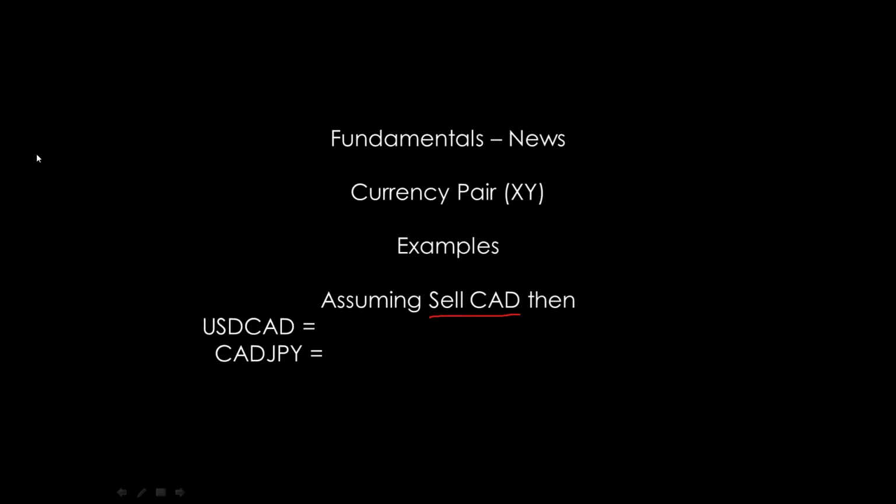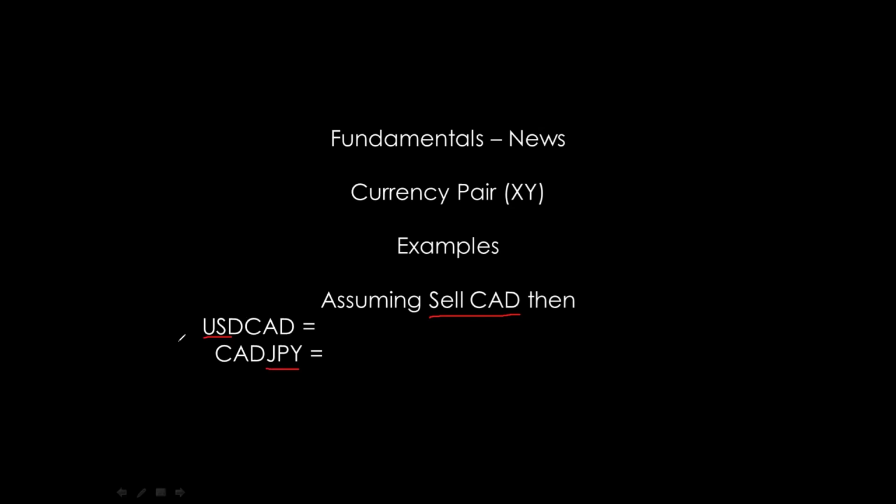You can pair CAD with so many currencies out there. You have the major currency pairs, which is USD CAD. You have minors, exotics, and so on. So you could pair CAD with any currency of your choice. So assuming we pair the CAD with the USD and then we pair the CAD with the JPY. This is how it is written on the platforms.